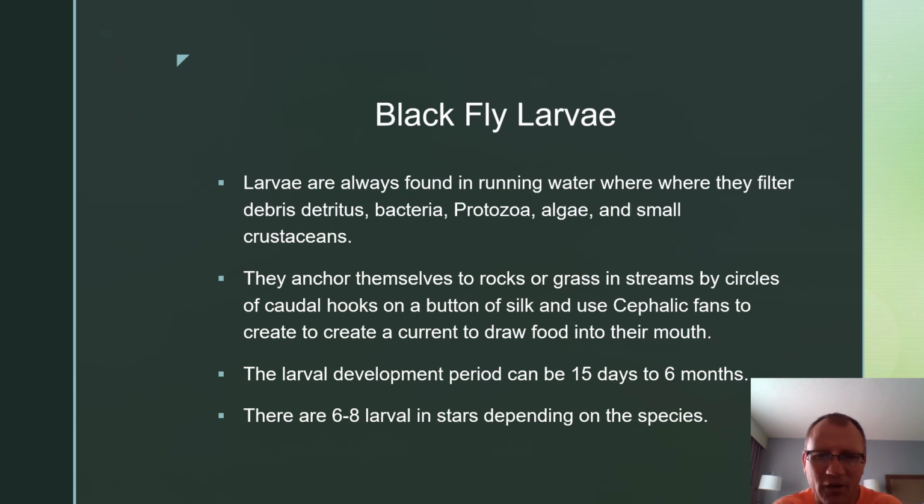Looking at black fly larvae, larvae are always found in running water where they filter debris, bacteria, protozoa, algae, and small crustaceans.